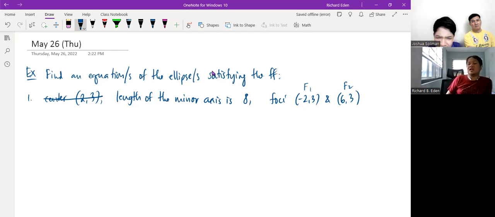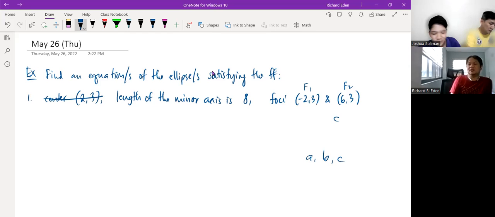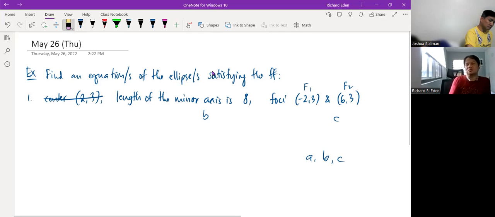Yeah, the foci, and also the length of the minor axis, because the foci will tell us what C is, and then the length of the minor axis will tell us what B is. There are 3 letters A, B, and C, and there's a relationship between the 3 letters. So as soon as you know 2 of them, then you'll be able to figure out the third one.